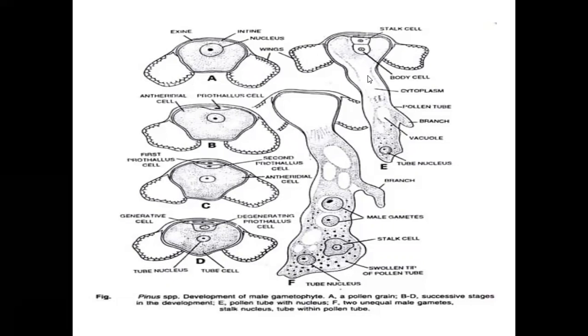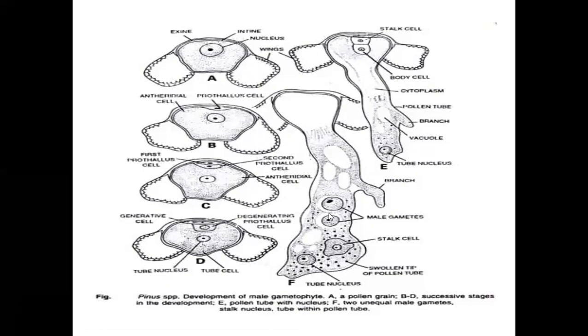It takes 9 months of rest. After 9 months of rest, the generative cell participates in mitotic division to form two cells. One is the stalk cell, another one is the body cell. The stalk cell cannot participate in further divisions, and the body cell participates in mitotic division to form two unequal male gametes.